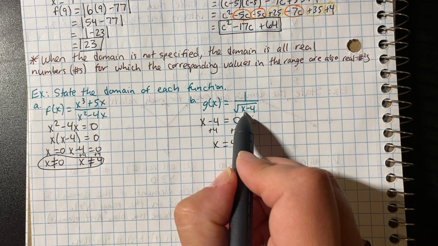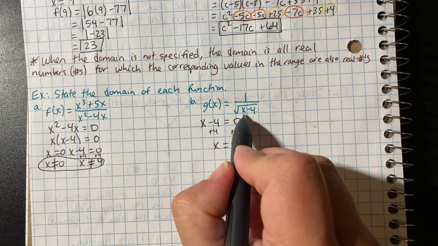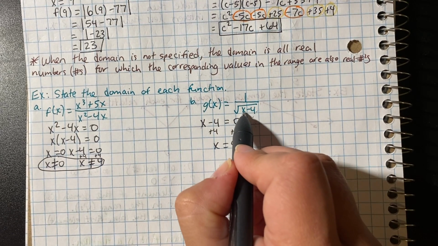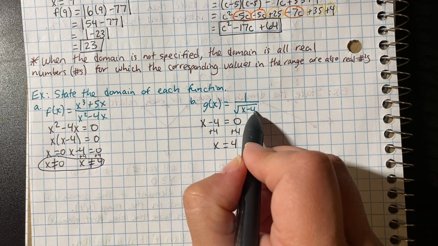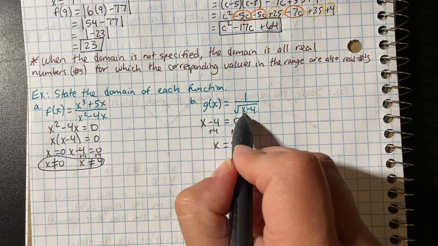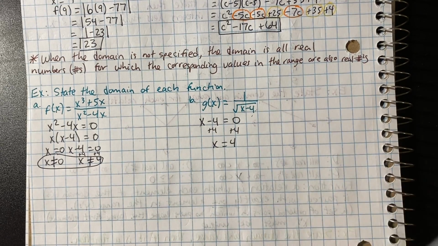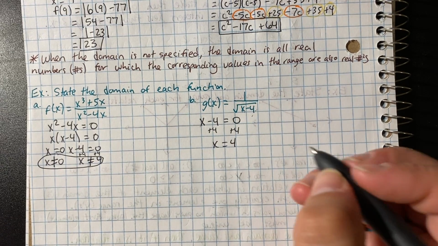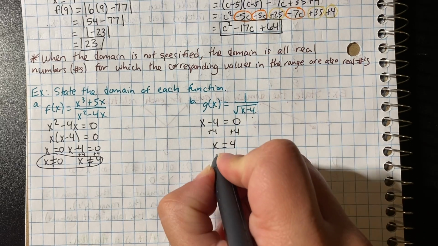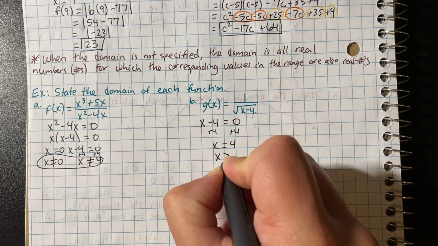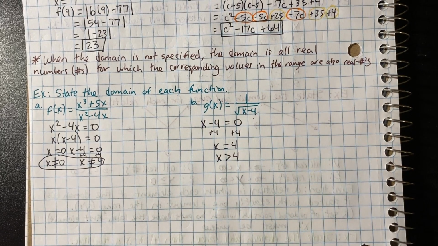So now I'm going to check. If I put a 4 here, that's 0. If I put a 5 here, that's positive. Good. If I put a 3 here, that's going to be negative. All right. So we are going to have to say that we want x to be greater than 4. Okay.